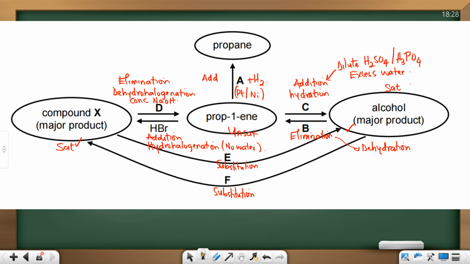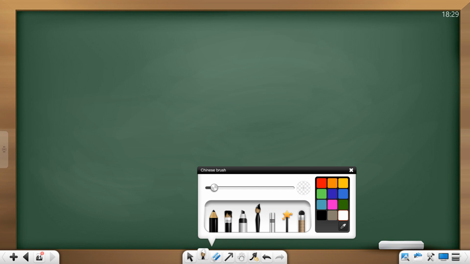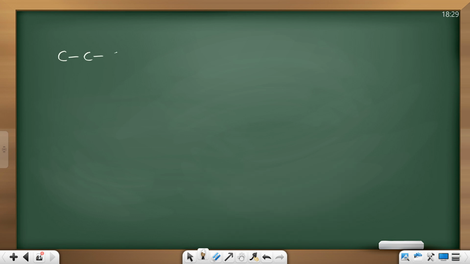Prop-1-yne, we need to form an alcohol. We are starting from here. And to form an alcohol, what are we doing? We are adding what? Water.